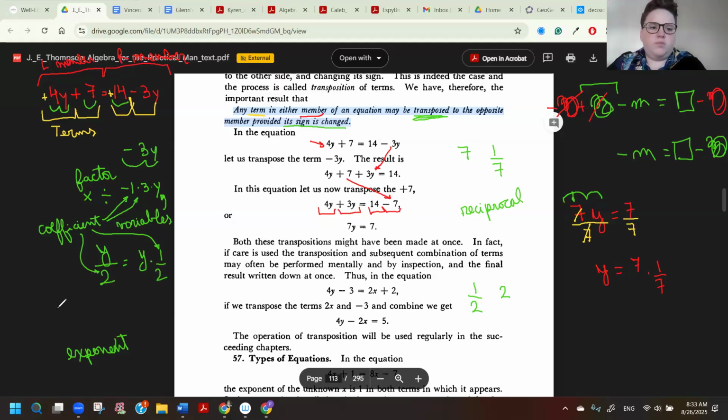Exponents are represented by small numbers above the individual numbers, telling you how many times to multiply that number by itself. Excellent. And so if I say x to the second power, this is the exponent. What is this other number, the x, called?